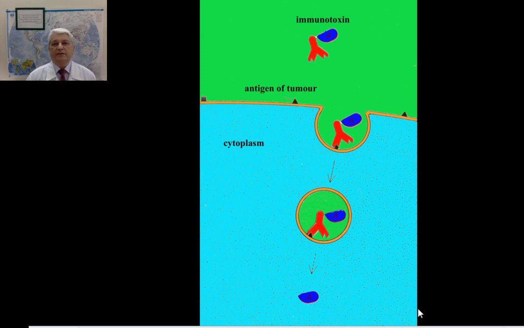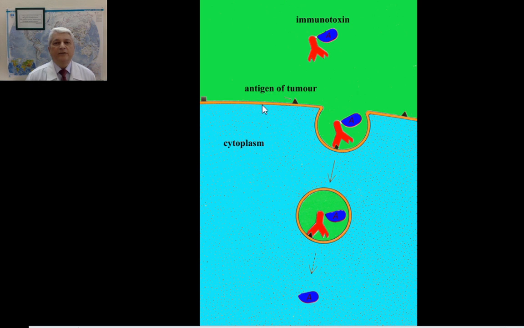If we inject such immunotoxin, molecule of immunoglobulin with the molecule of drug, into the human body, this antibody will find special antigens. You remember these antigens we used for immunization of the mouse in hybridoma technology, in the right upper corner on our picture.